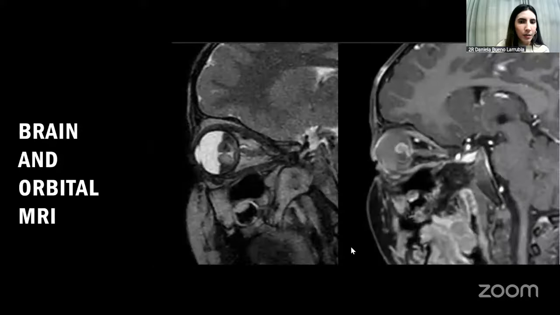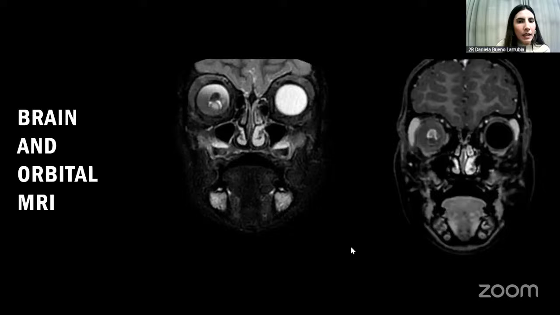In the sagittal scan, the first image shows a T2 sequence, and we can see the lens, and over the lens, a hypointense lesion. The second image is a T1 with gadolinium, and we can see the lesion with enhancement after gadolinium. In the coronal scan, we can see the same thing.